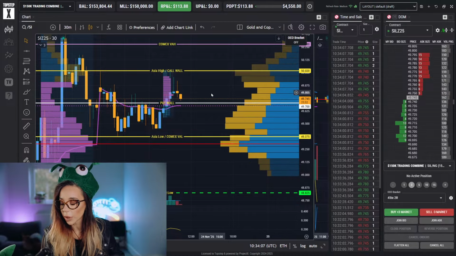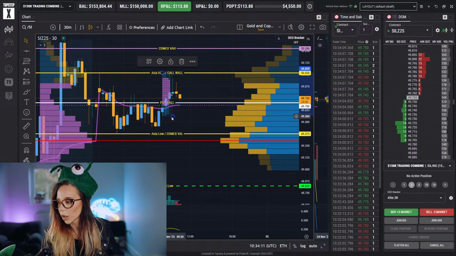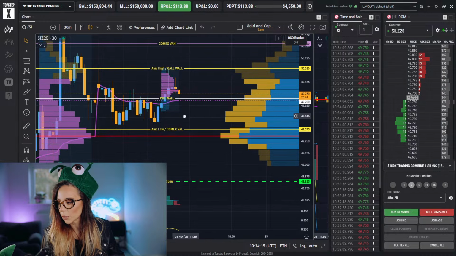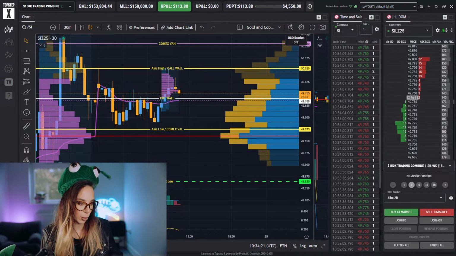So we'll see, but it's not looking that great today. Again, holiday week, rollover. We're sitting inside developing value as well. Again, just chopping in range, chopping in range, chopping in range.